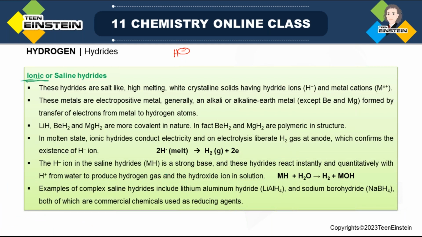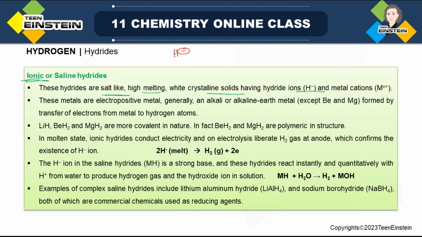Ionic hydride means there will be an ionic bond, right? So these hydrides are salt-like, and you can see the properties are just like ionic compounds, for example, a high melting, crystalline solid. These are properties we normally observe for ionic compounds, so as we are calling it ionic hydride, you will observe these properties.